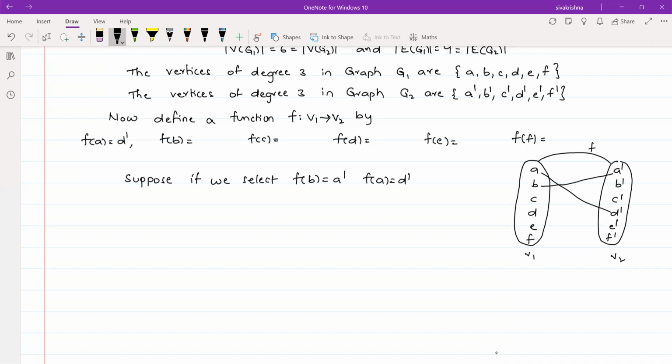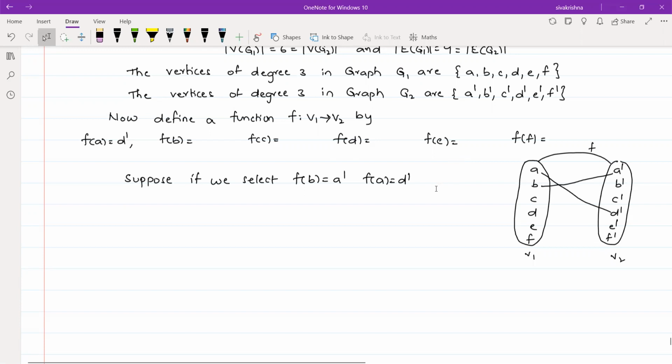Now I am checking whether f of b equal to a dash is correct or wrong.